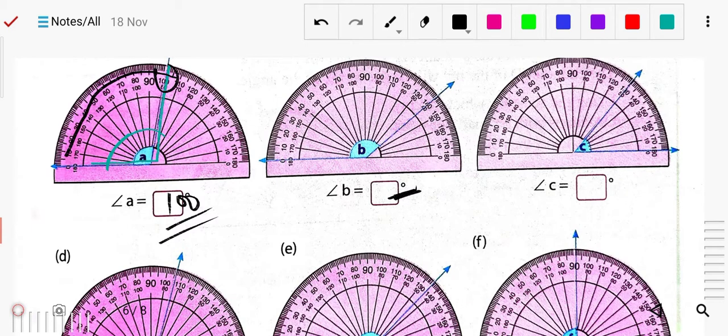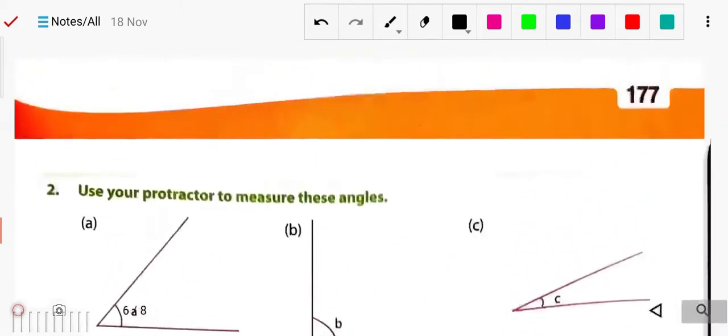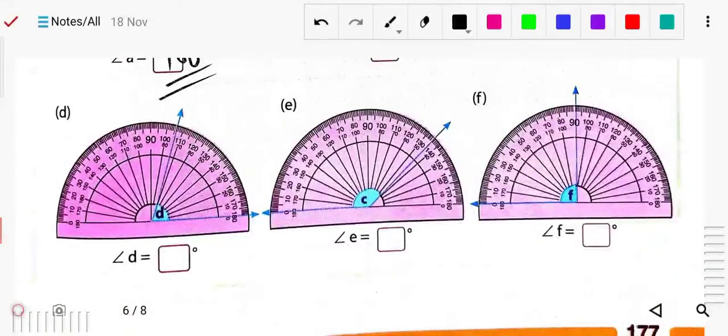You know that this is the degree sign. Here you can see it started from 0, and this angle we have to measure, so we take the outer scale, and it reaches 140. Likewise you can see and do. Here it started from 0, the outer scale we take, and it reaches 130.